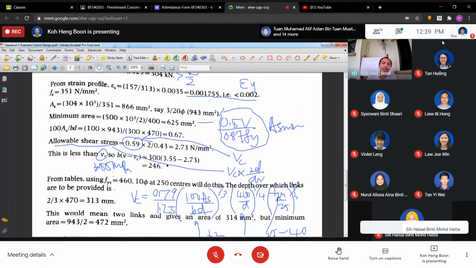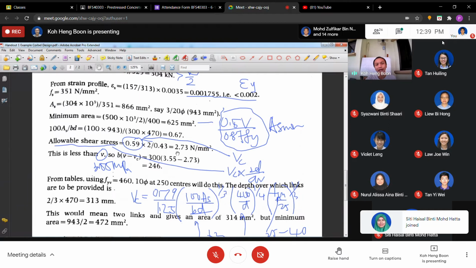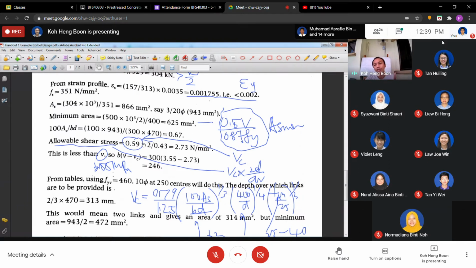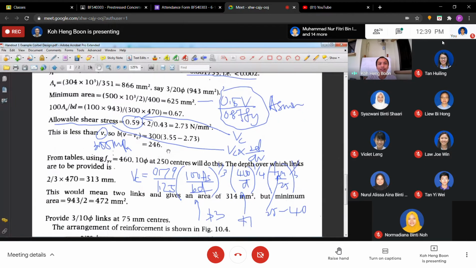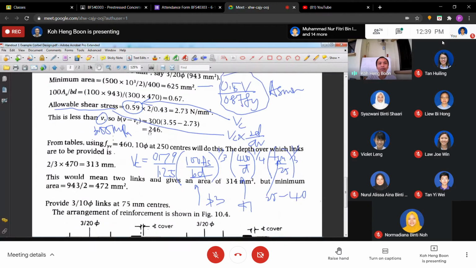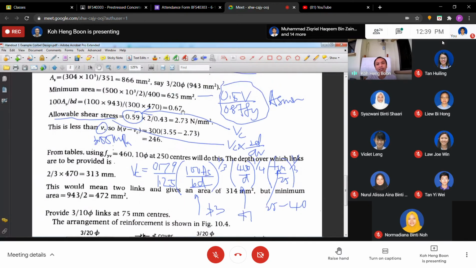Less than the enhanced shear stress will be better, so they increase the depth. However, if greater than, we have to provide the link. We can design for the link. So the enhanced shear strength is 2.73, which is less than the design shear stress 3.55.